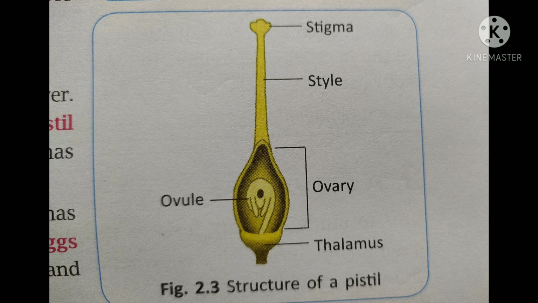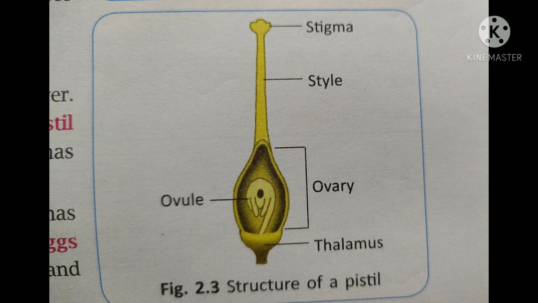Now let us see the female reproductive part of flower, that is gynoecium. Gynoecium is made up of pistil or carpel. The pistil has three parts: ovary, style and stigma.